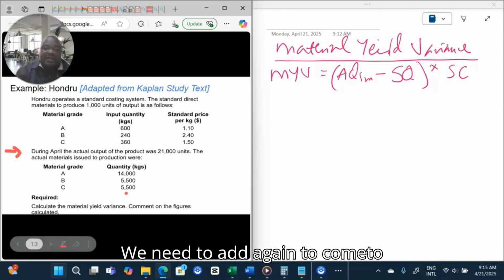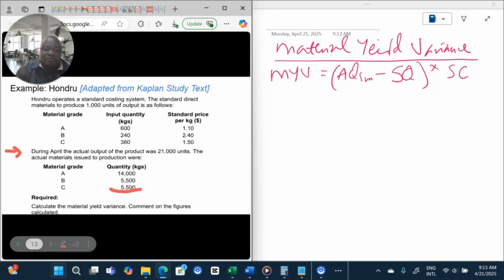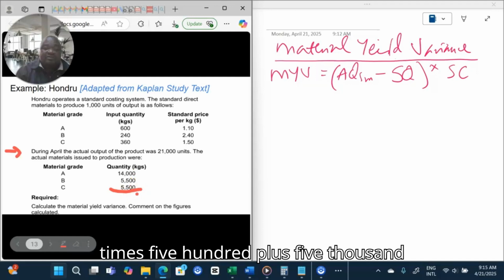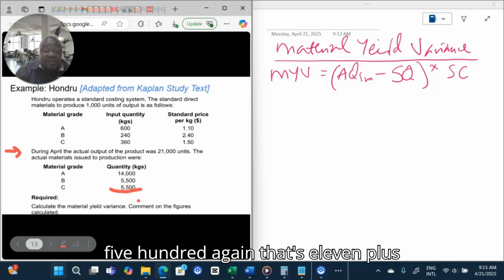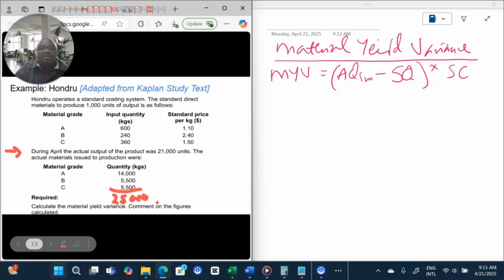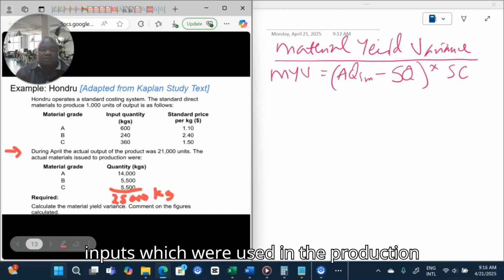We need to add again to come to the total. So 14,000 plus 5,500 plus 5,500 again, that's 11 plus 14, that's 25. So 25,000. So these were the inputs in total, the actual inputs which were used in the production.